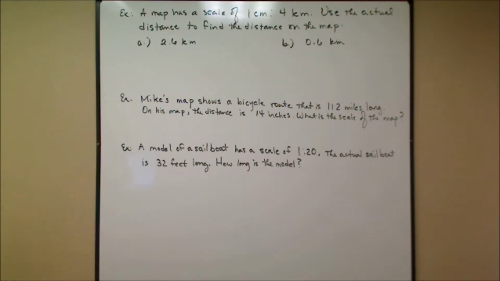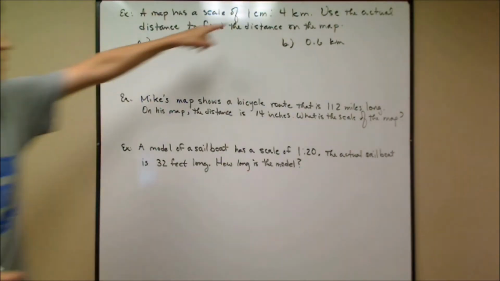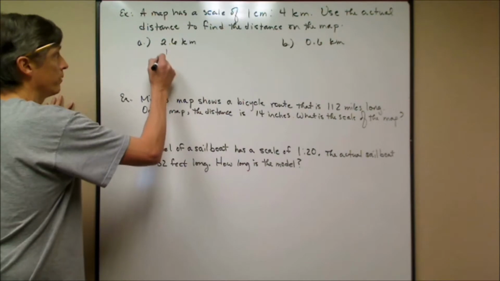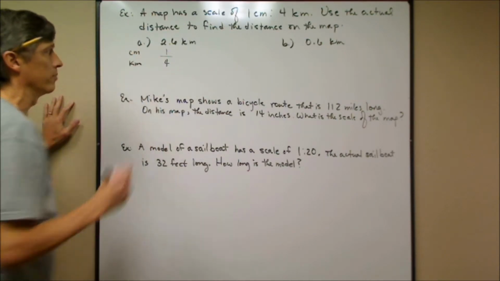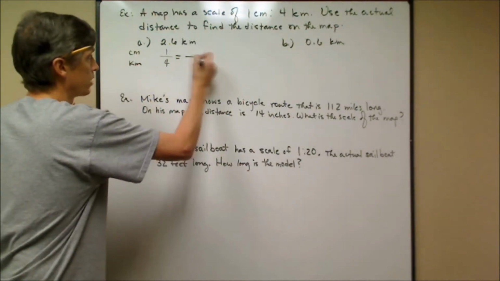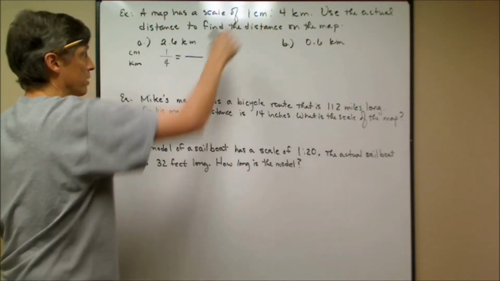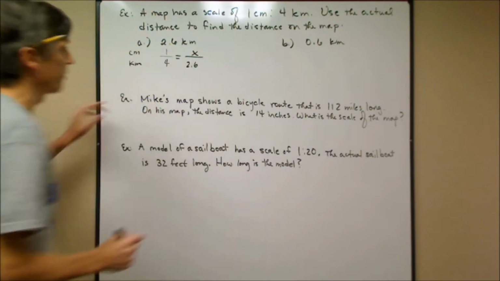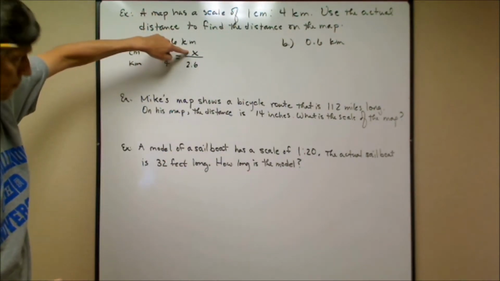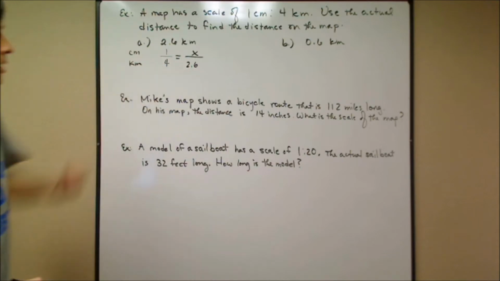We're going to find the distance on the map. So I'm going to use this scale. I'm going to write 1 is to 4. Notice I have centimeters on top and kilometers on the bottom. Over here, I'm trying to find how many centimeters on the map would represent 2.6 kilometers. Notice centimeters on top, kilometers on the bottom.